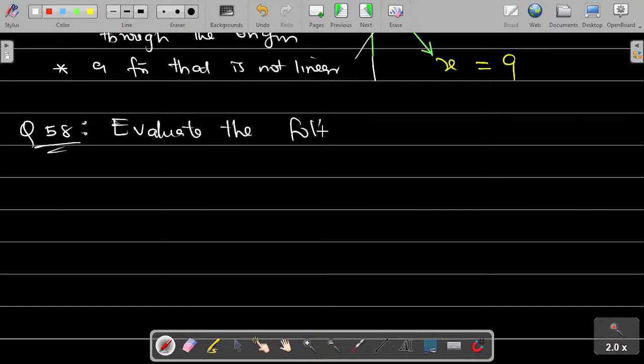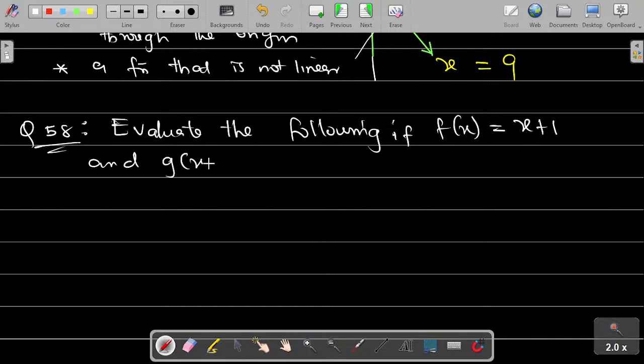And what are the expressions that we are to evaluate? Let's see them. First of all, they said evaluate the following if f of x is equal to x plus 1 and g of x is equal to x squared. So we are to evaluate the following.